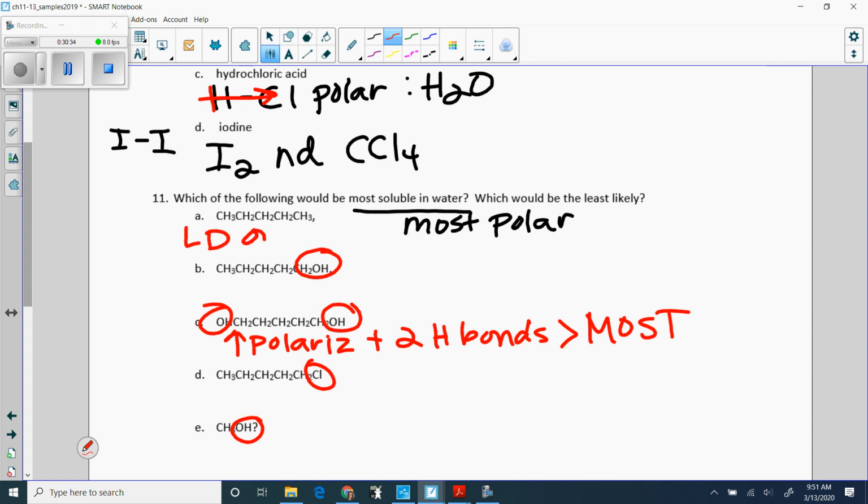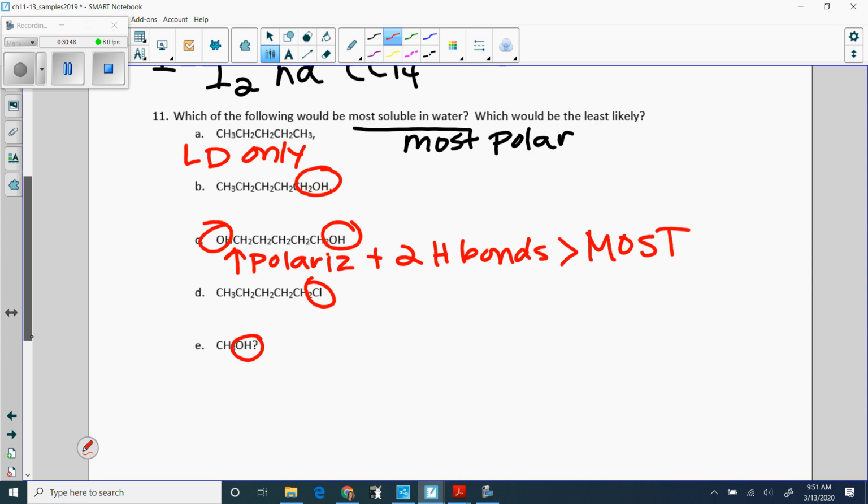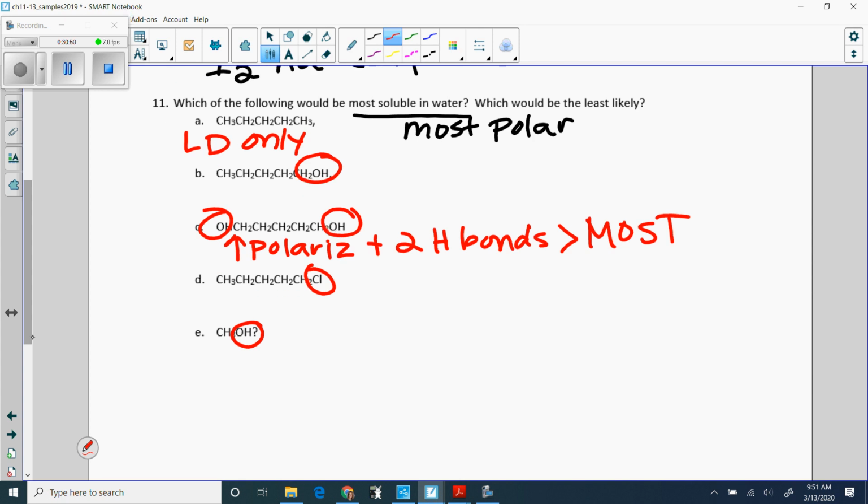Do you see how this one is going to be London dispersion only? It doesn't have a hydroxide. It doesn't have a double bonded oxygen. It doesn't have anything. It does have good polarizability, though. It's kind of big. This is little polarizability plus an H bond. That chlorine makes a dipole.